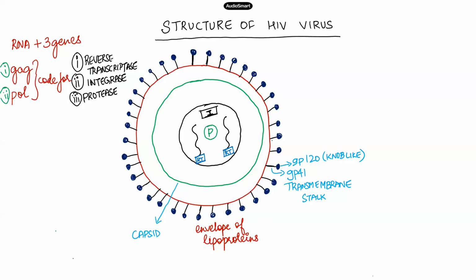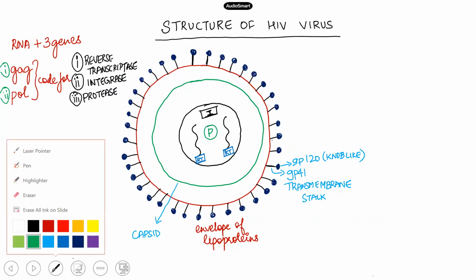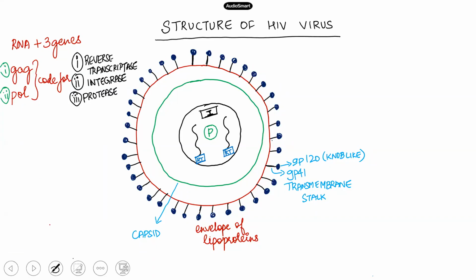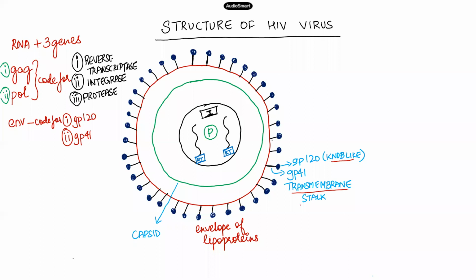Now, there is another gene, which is referred to as the ENV gene, and this ENV gene codes for the glycoprotein GP120, which is your knob-like structure, and secondly it codes for GP41, which is your transmembrane stalk.